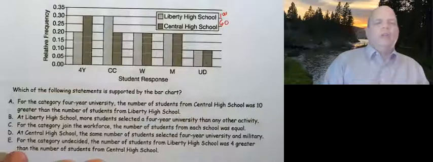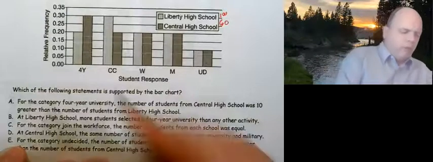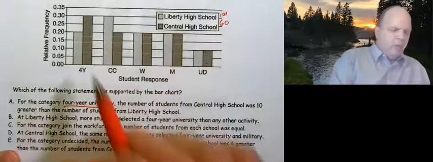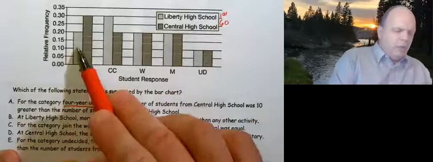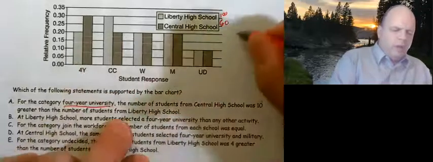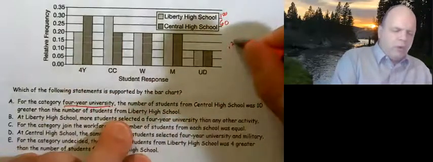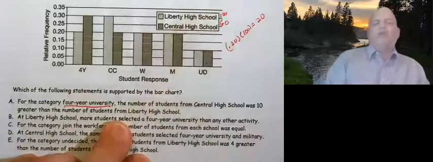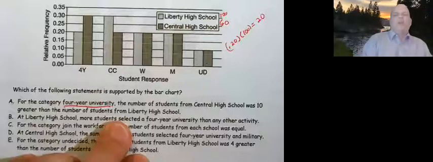So let's go ahead and try this out. So for a 4-year university, all right, well, Liberty, 20%, so we have 0.20 times 100. So about 20 students from Liberty are going to a 4-year college.